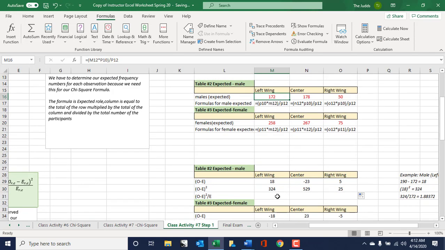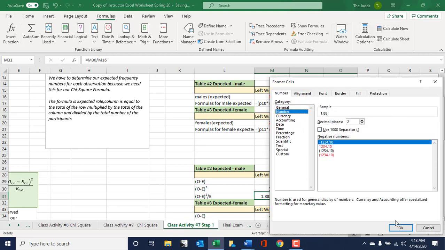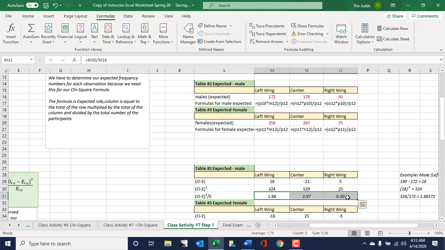So right here, I'm going to say equals M30 divided by M16. And you can see those are highlighted. And I come up with this number right here. And again, I can drag this across. It's going to do that for each one. This right here, let me get this down to 2 decimals, represents what the chi-square is going to be.